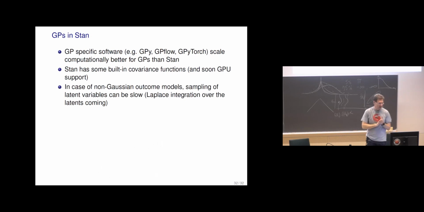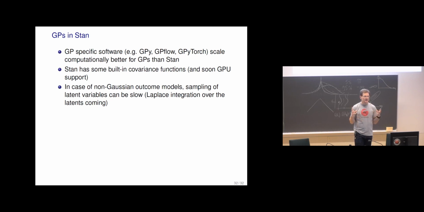Last slide. There are these GP-specific software like GPy, GPflow, GPyTorch. I had also, and it's still existing GP stuff, but since it's in MATLAB, I don't develop that anymore. And now it seems that most of these efficient software are in Python.